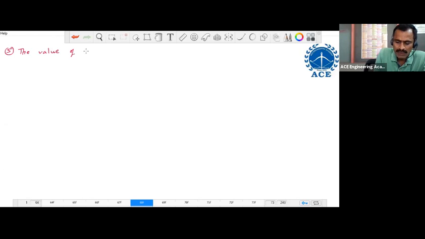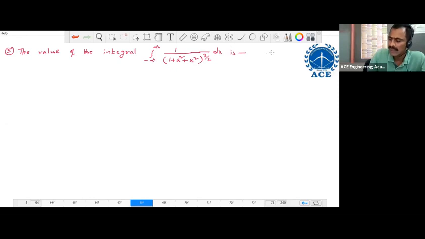The value of the integral from minus infinity to plus infinity of 1 by (1 plus a square plus x square) power 3 by 2 dx is: Option A, 1 by 1 plus a square.